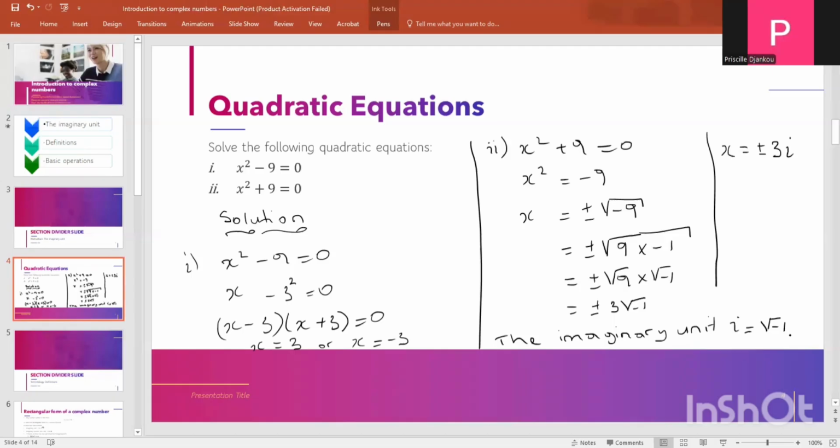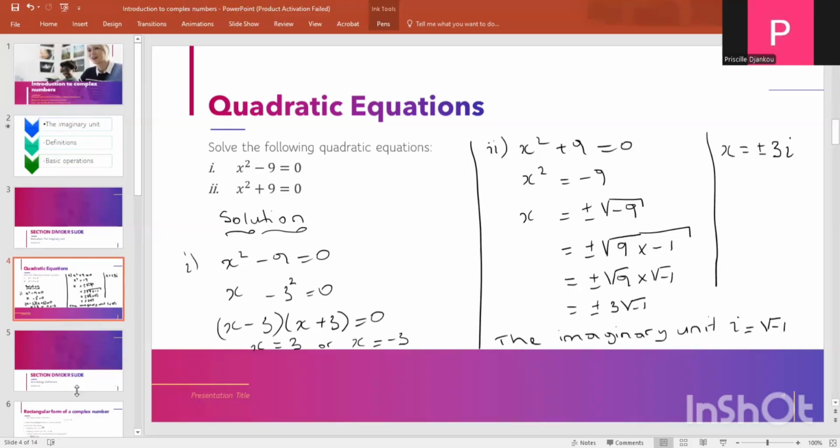This is the beauty of complex numbers. It gives us the solution to some quadratic equations which, in the real number system, we would say do not exist. But with complex numbers, we have the existence of the solution to this type of equation. This is really beautiful.